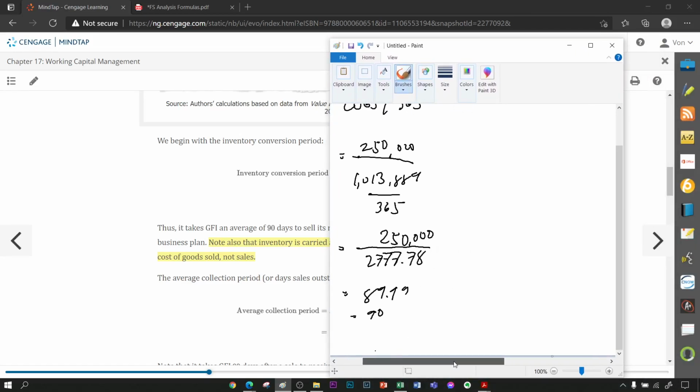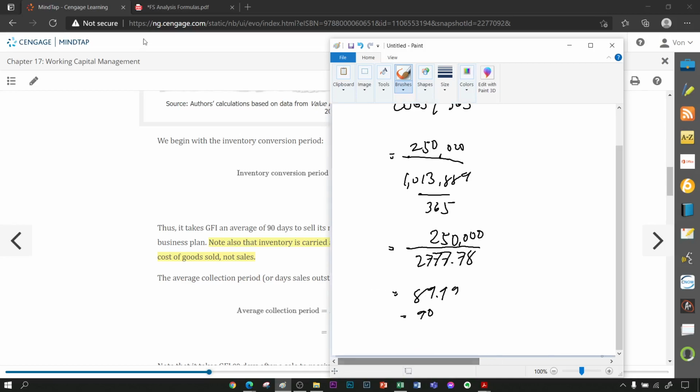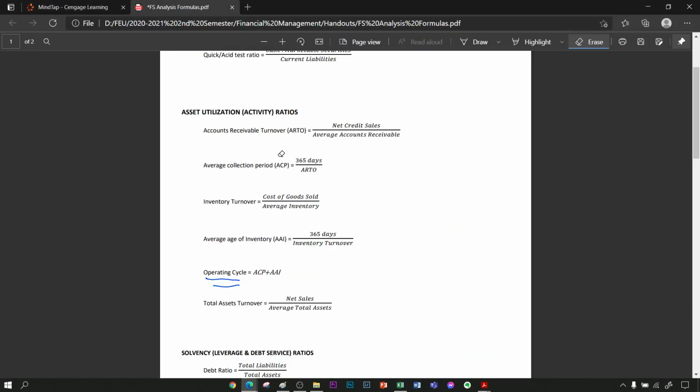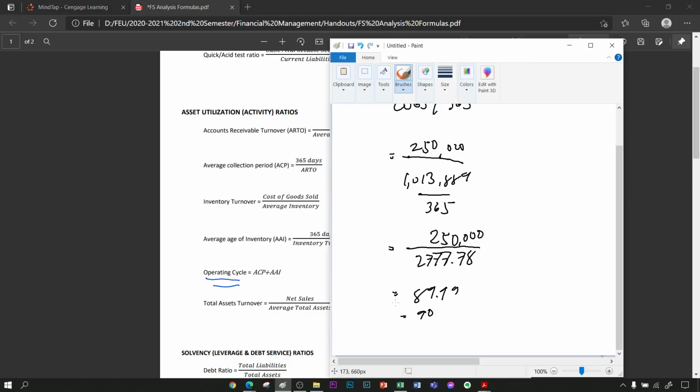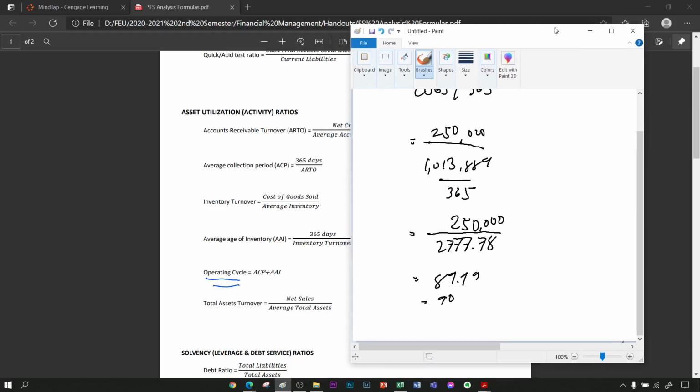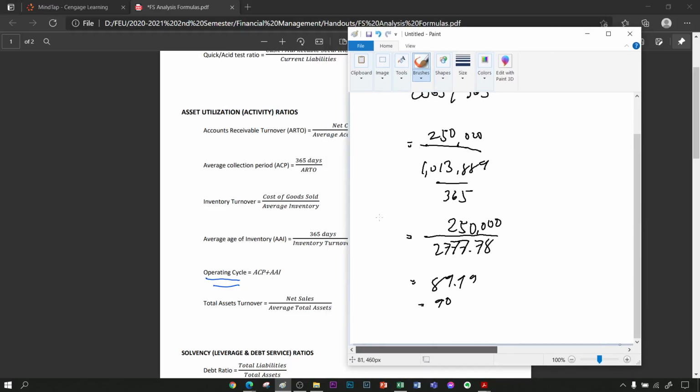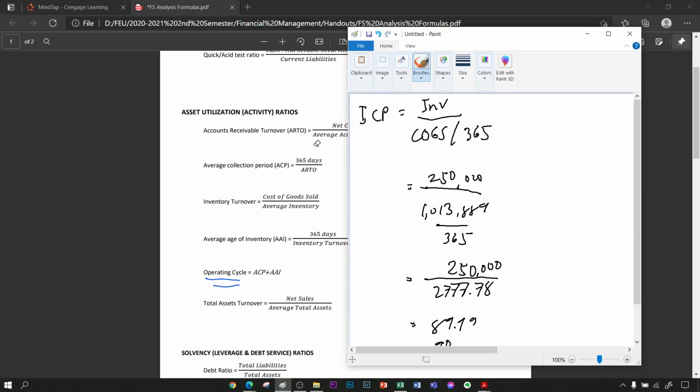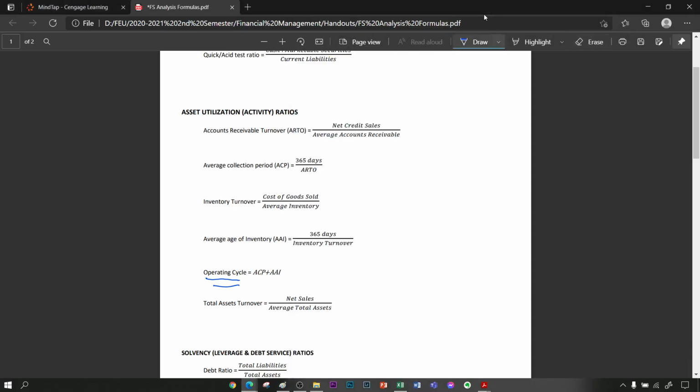Okay. So, itry nga natin yung formulang isa. Same kaya yung magiging sagot natin? So, sabi natin, yung inventory conversion period dito. Yan. Or AAI. Same lang.